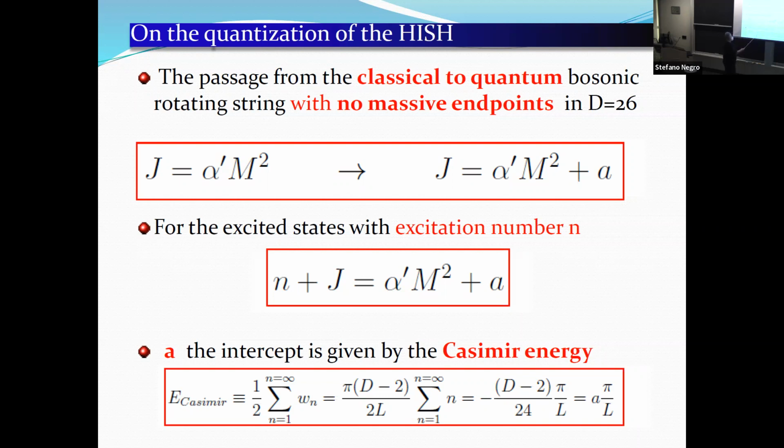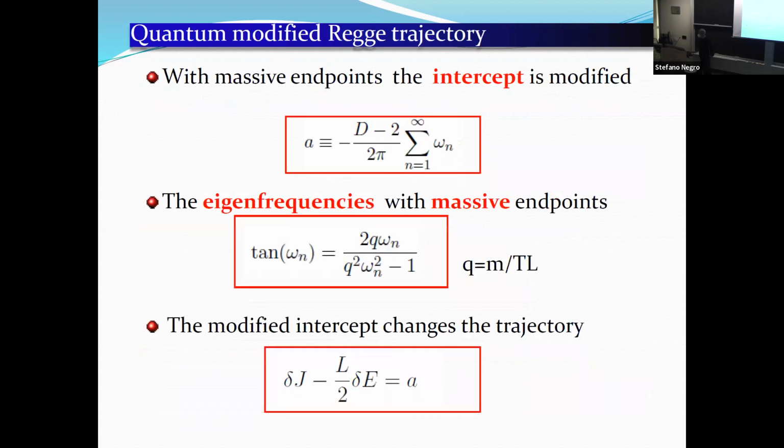So the sum over the eigenfrequencies of the string gives the Casimir energy in the form of A over L, where L is the length of the string. So the challenge is to compute this quantity A. It's simply the zeta function when omega n is n.